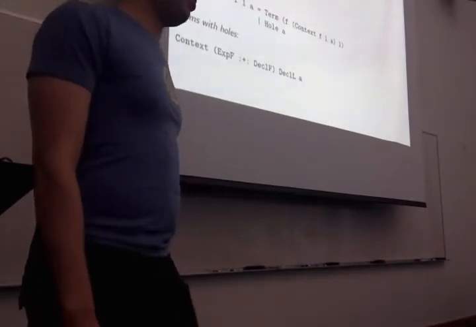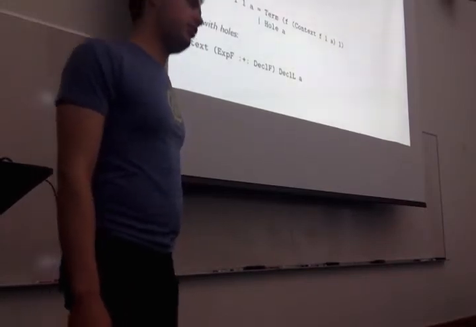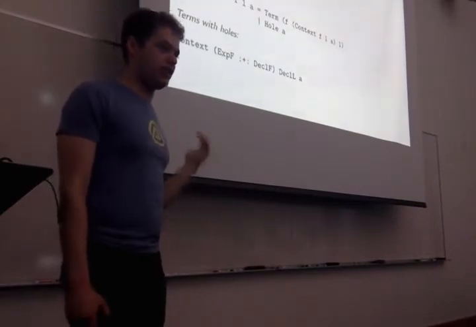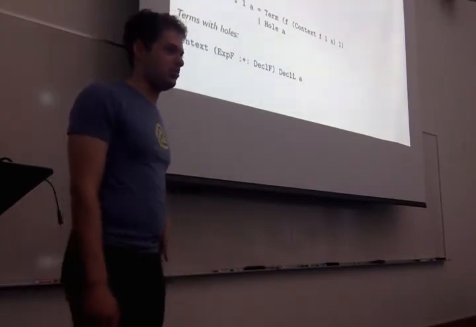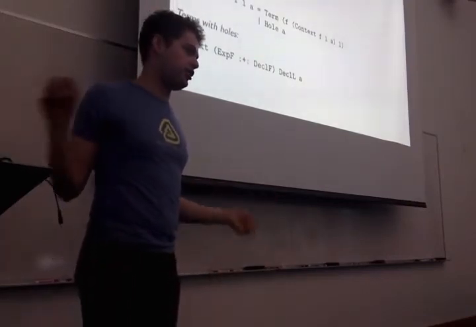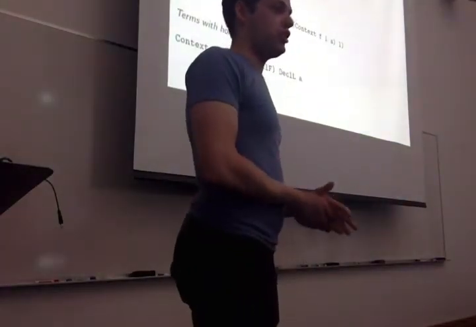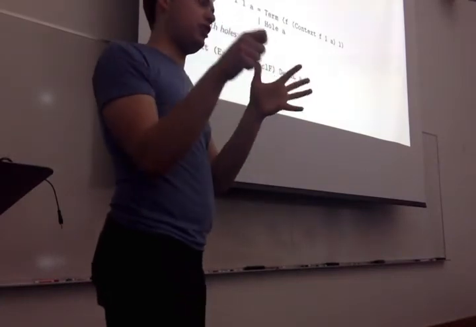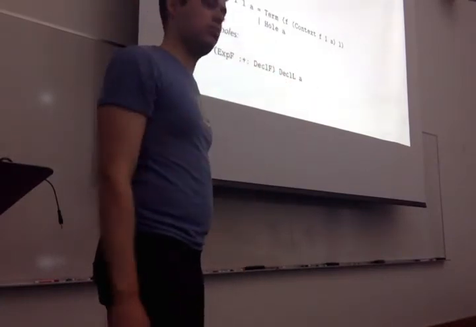Or if I want terms with holes, so contexts instead of normal terms, I just use a slightly different fixed point operator where I can stick holes in places. And also what this lets me do is I can now write a function which takes a term in any language and gives me a term in that same language plus labels.